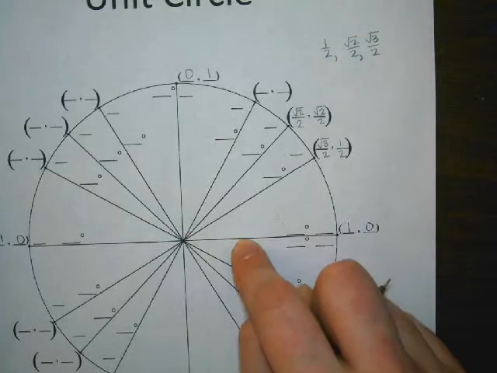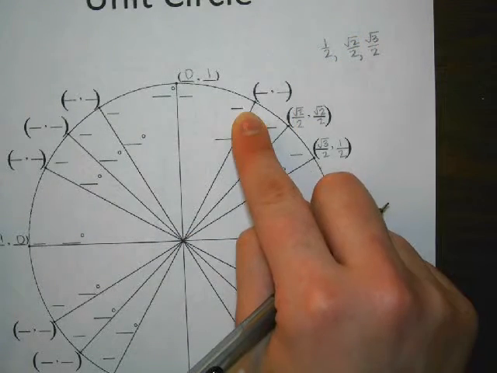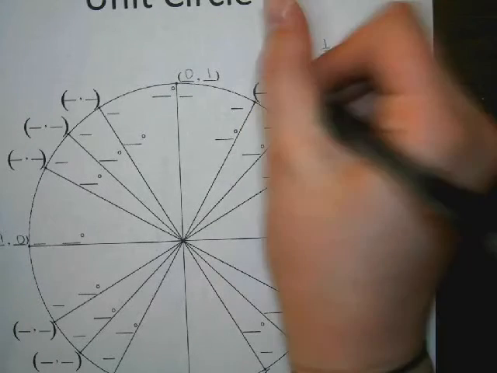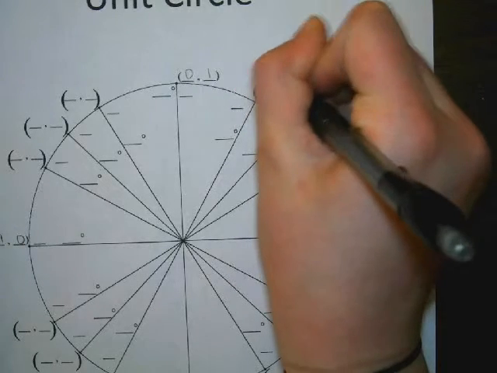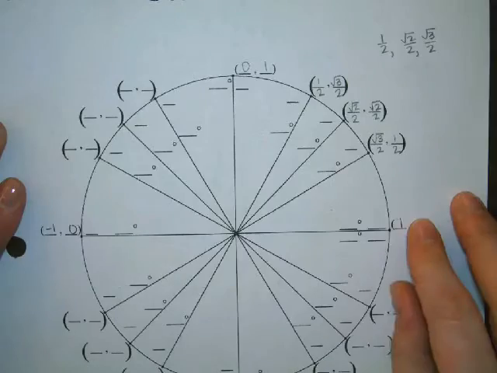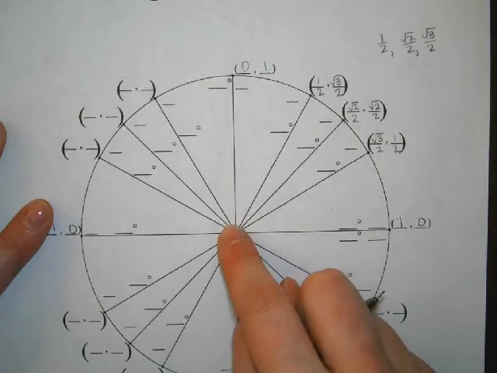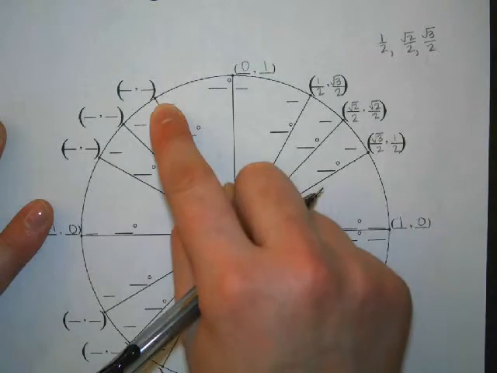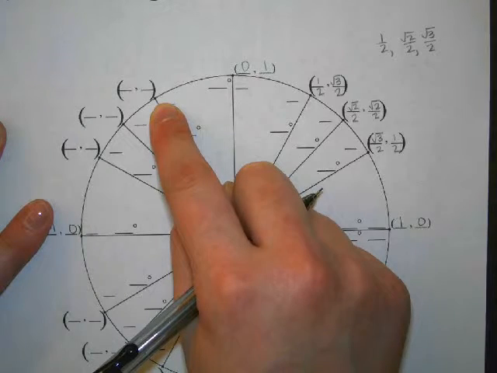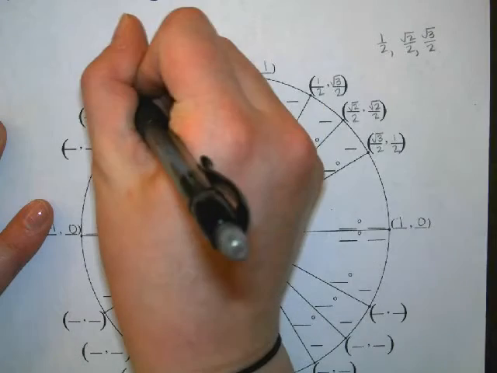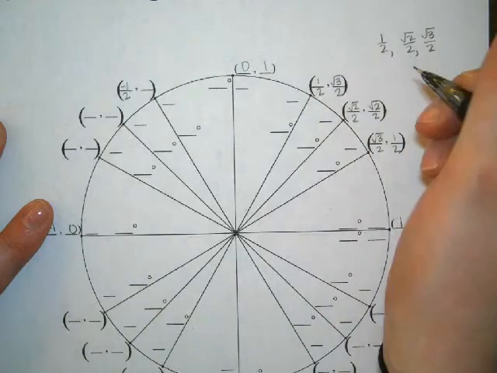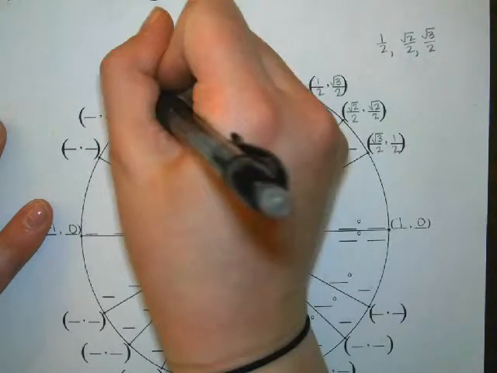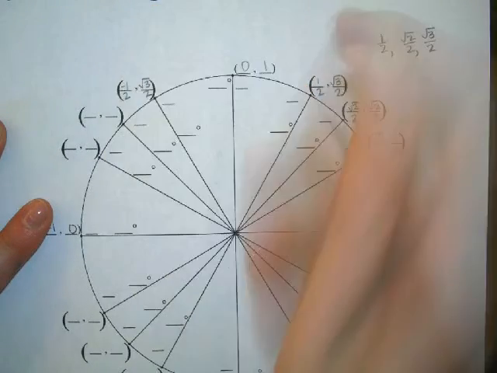This one goes over a little bit, up a lot. Okay. This one goes left a little bit, up a lot. Negative, yep, because it went left. Negative 1/2 for a little bit. Root 3 over 2 for a lot.